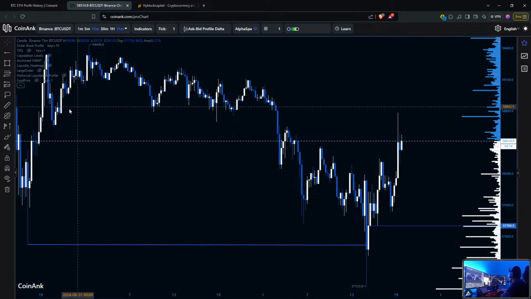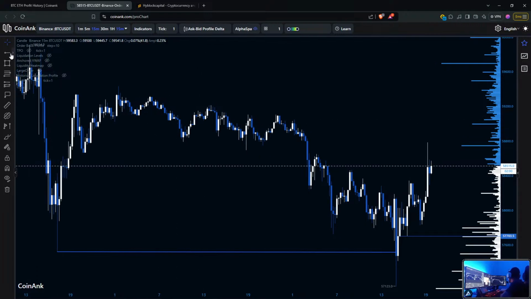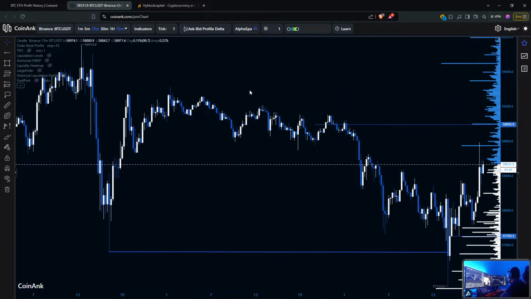So anyway, this is nice for you guys to understand, like, okay, I am interested in maybe taking a short from a range. This is not one of the best in terms of how good it would probably be, but based on that comparison, you could see that this level over here, based on the order book, is the level that has, on this consolidation, the biggest amount of orders sitting as limits waiting to be filled.